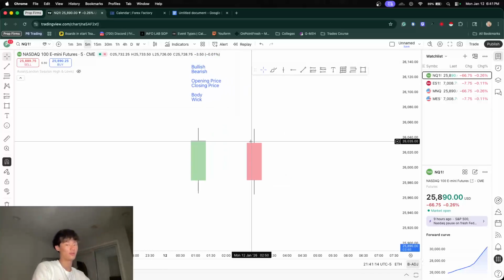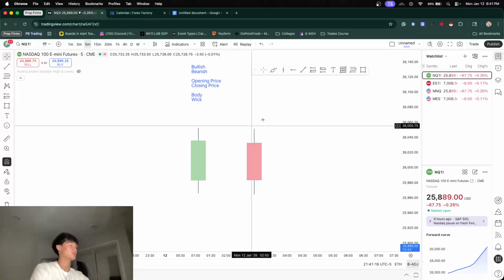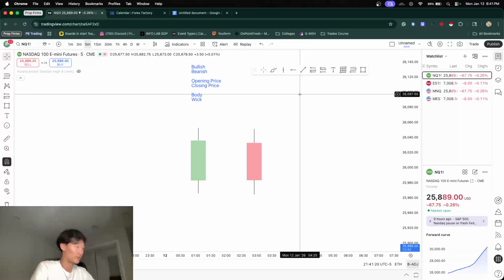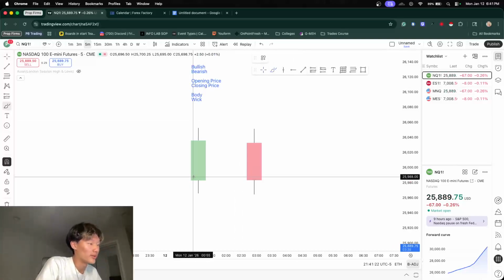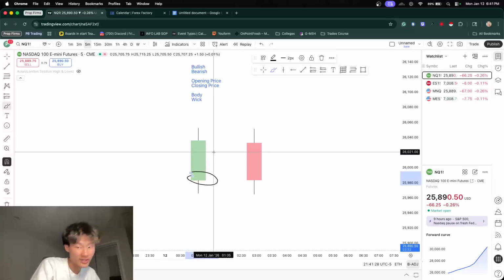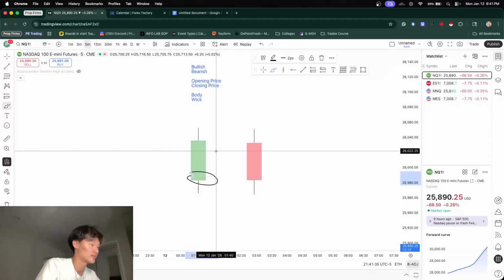Remember, opening and closing price will only be on the bodies, not the wicks. The wick is just price movement.